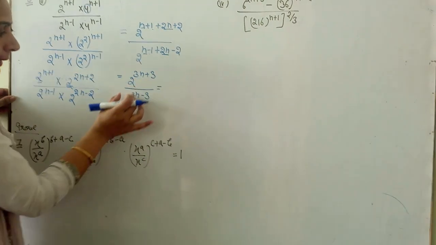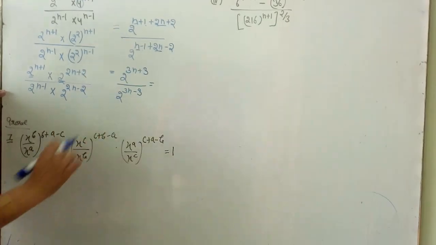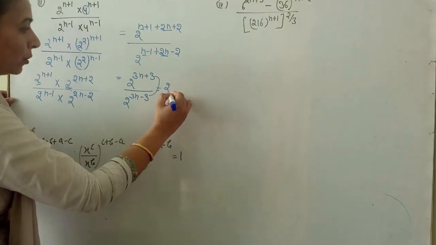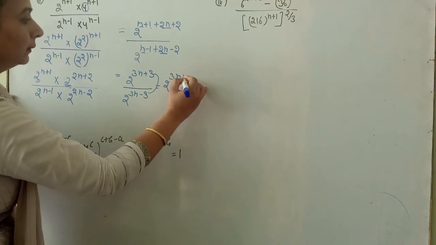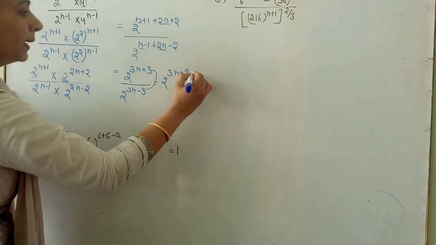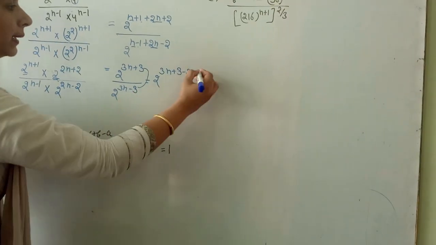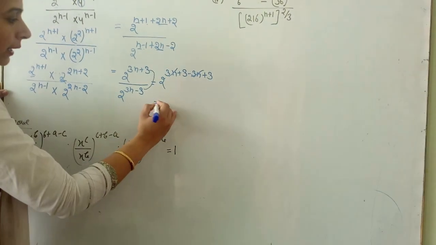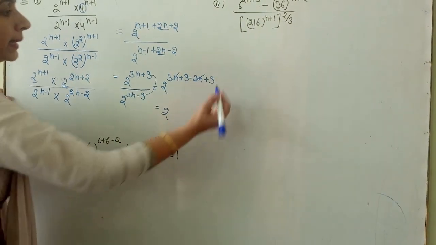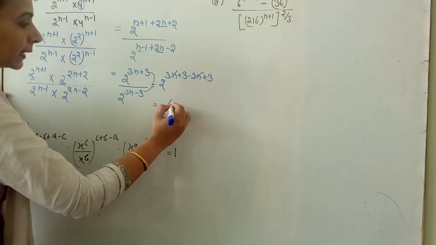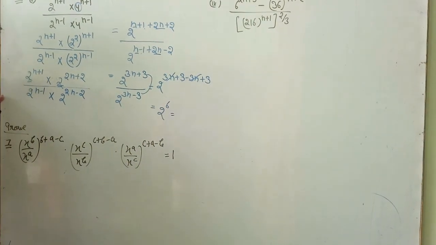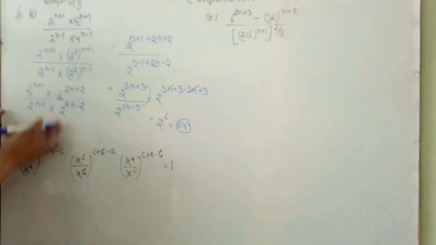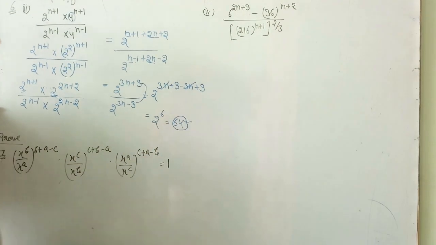Again base same, then according to quotient law power should be subtracted, then we can write this as 2 raised to the power 3n plus 3 minus 3n minus minus plus 3. 3n and 3n cancel out, then this is equal to 2 raised to the power 3 plus 3. 3 plus 3 is 6, and 2 raised to the power 6 is equal to 64. Clear? Then simplify it and the complete answer is equal to 64.